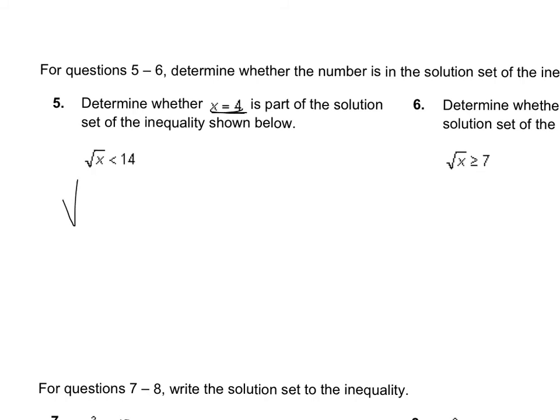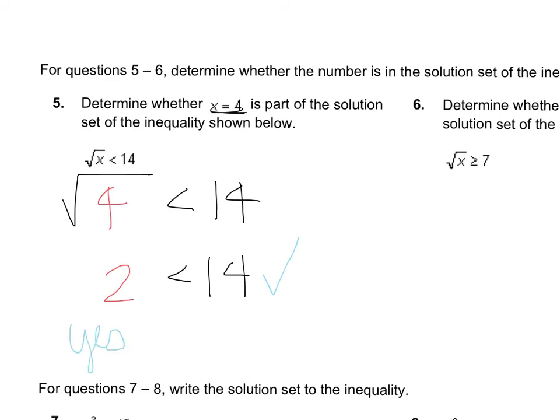So I can rewrite this as the square root of 4 is less than 14. Well, the square root of 4 is 2. And the question is, is 2 less than 14? Well, that is true. So yes, x equals 4 is a solution.